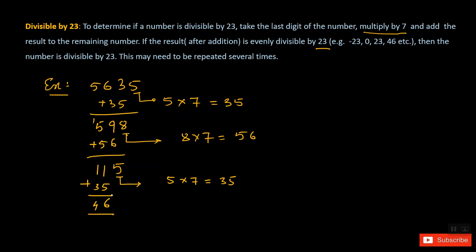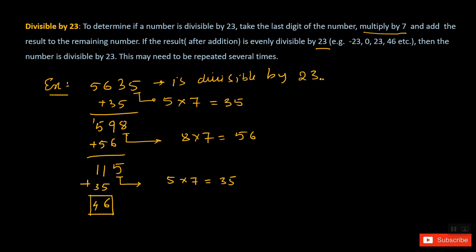So 46 is divisible by 23, or 46 is a multiple of 23. Then I can say 5635, this number is divisible by 23. This is how we check.